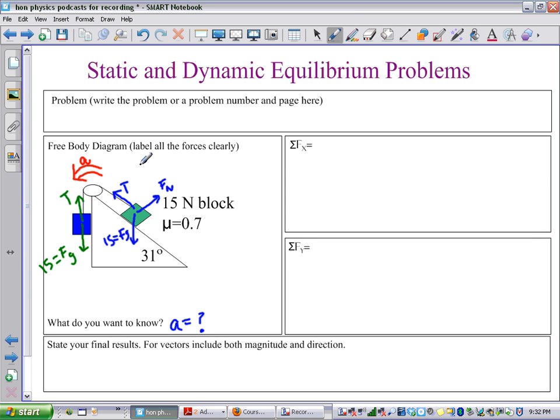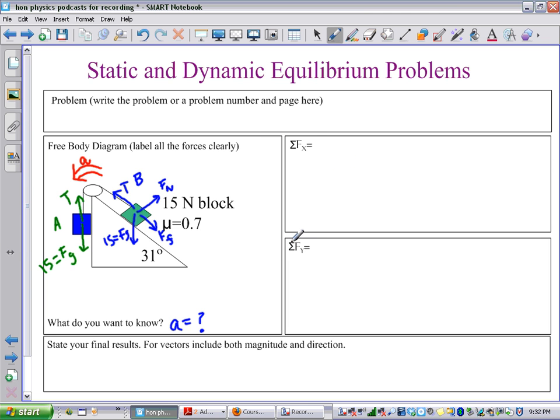That's my prediction. And if it's going this way, the force of friction is going to oppose that, so it's going to be back this way. Okay. Now let's call this block A. And this will be block B, because we'll need to designate that in our formulas here.